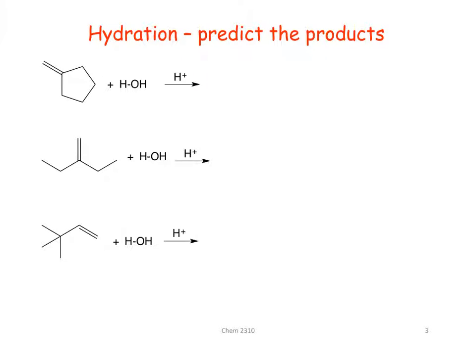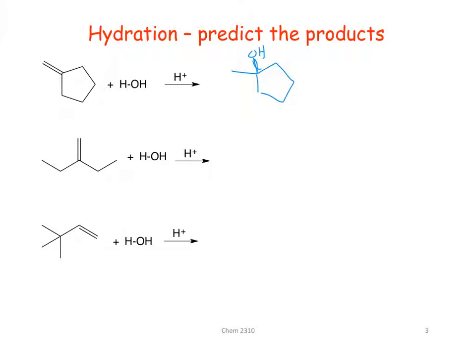Alright, so let's look at some other examples. These are going to proceed just like what we saw for the addition of HX. So we can mostly just go straight to our products. They're going to follow Markovnikov's rule, and so the H is going to go to the less substituted side, the OH to the more substituted side.